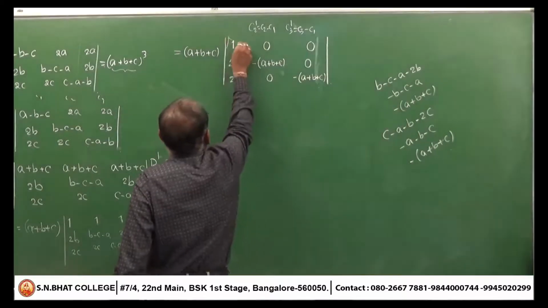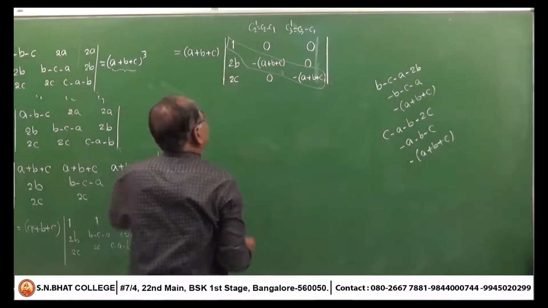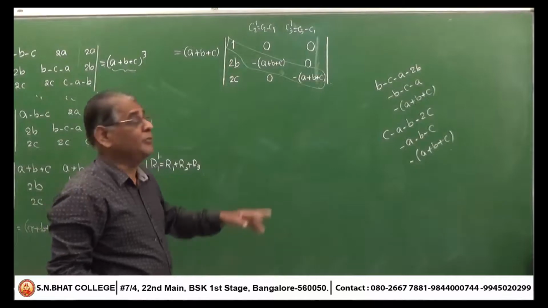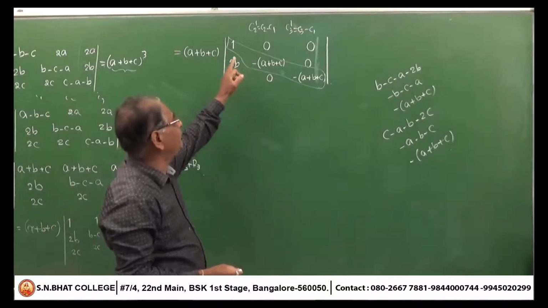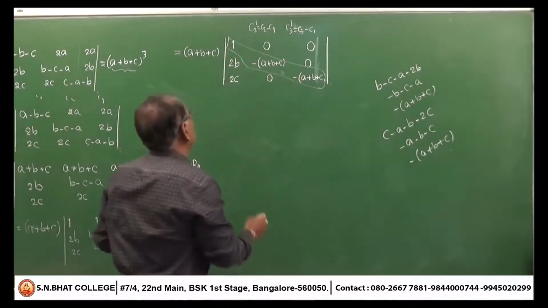Now, the elements below or above the principal diagonal are zeros, so the value of the determinant will be equal to the product of the elements in the principal diagonal.